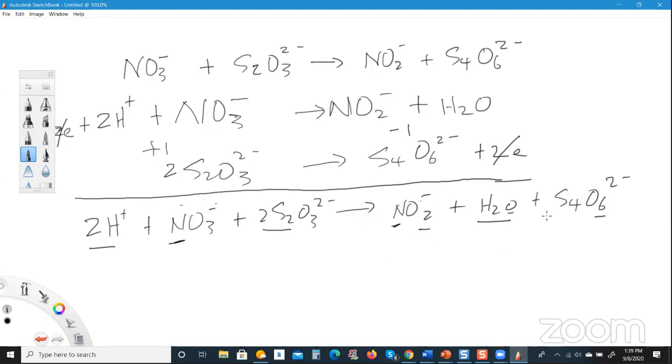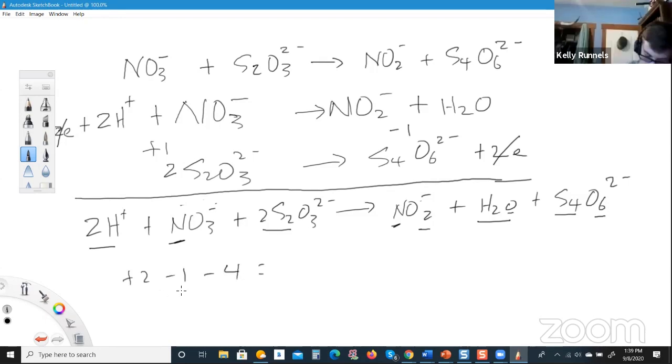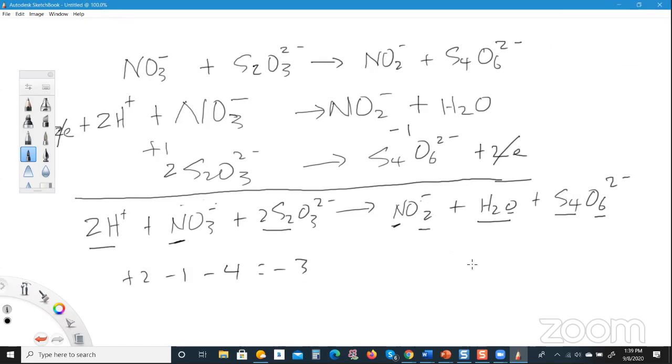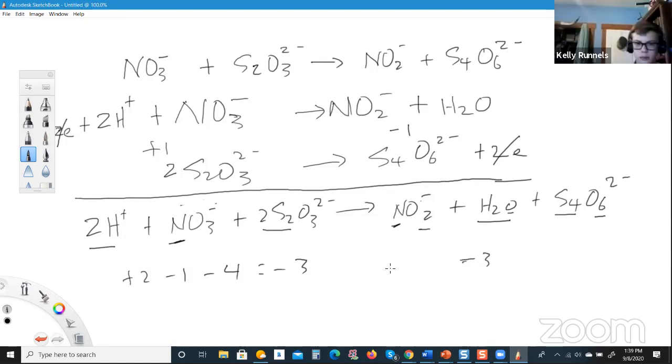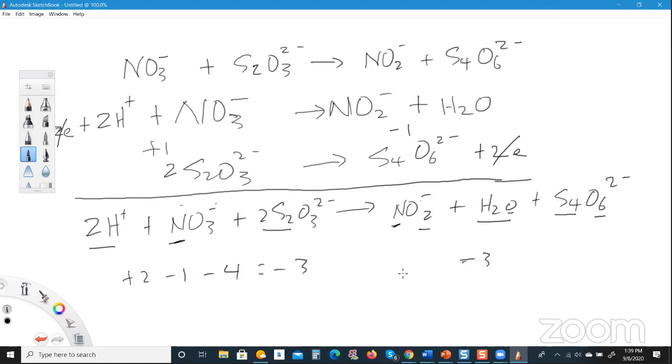We have 4 sulfurs, and then the charges, we have +2, -1, -4, so that gives you -3, and it balances neatly. And -1, -2, -3. So everything is balanced. Cool. So that's basically how you go about balancing equations.